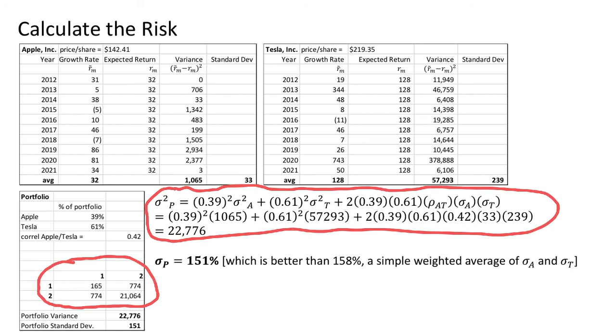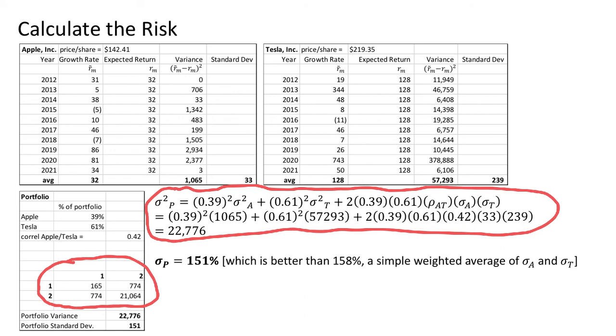On the non-main diagonal, you have covariance numbers, the covariance between Apple Inc. and Tesla Inc., 774 and 774. And this matrix is called a symmetric matrix because it is symmetric about that main diagonal. This will always be the case for this type of calculation.